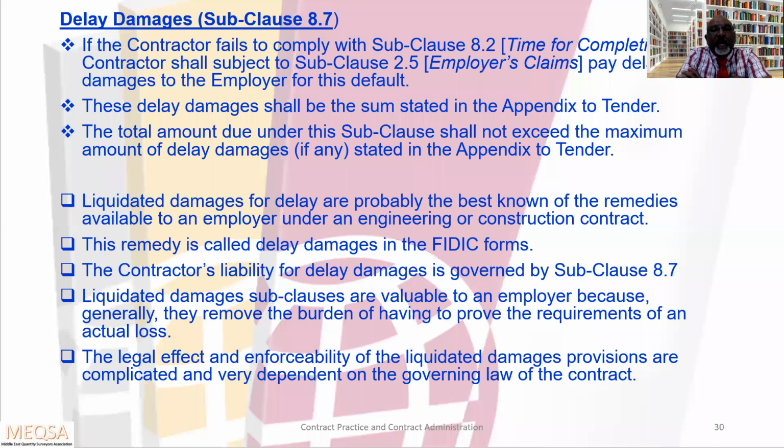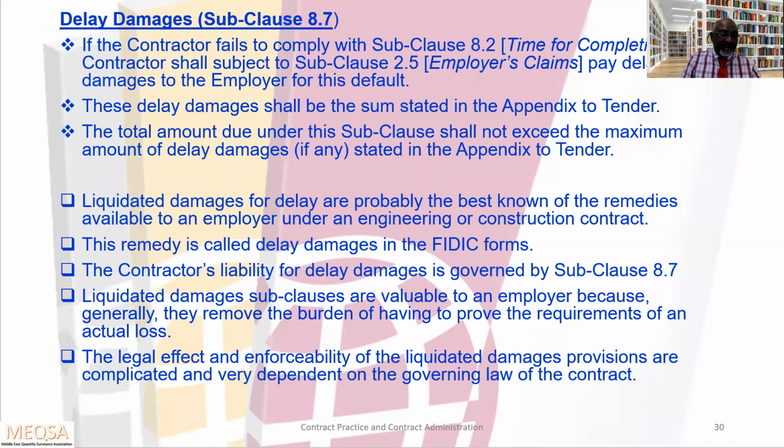The total amount due under this subclause shall not exceed the maximum amount of delay damages stated in the appendix to the tender. In the appendix to the tender also, they will mention the maximum ceiling of the LD. They will mention 10% of the contract sum. Sometimes they might say 10% of the revised contract sum.